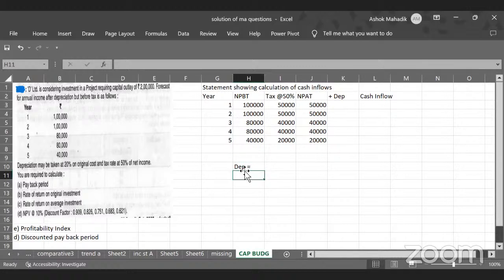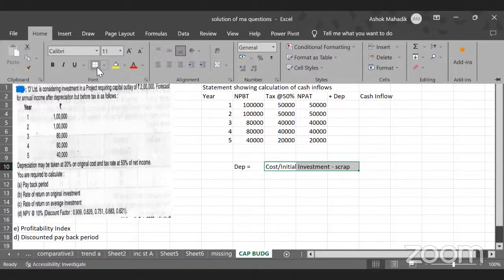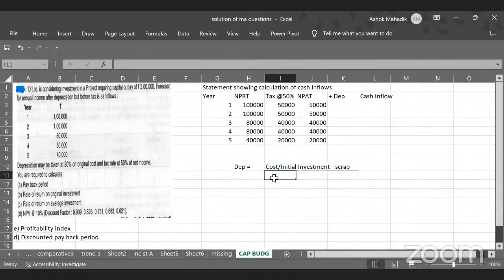Depreciation is equal to cost of the project, or we call it initial investment, minus scrap value in case it is given in the sum, upon life of the project.